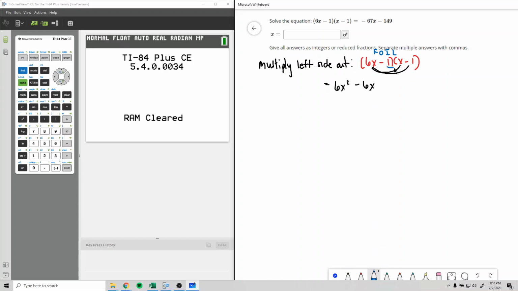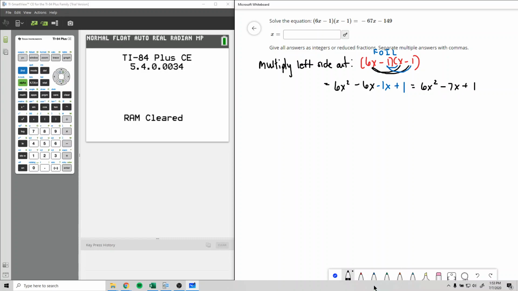And then negative 1 times x is negative 1x. If you write just negative x, that's fine. And then the last, negative 1 times negative 1 is positive 1. I'm just going to combine the like terms here before we plug it back in. So negative 6x minus 1x is negative 7x. We got 6x squared minus 7x plus 1.